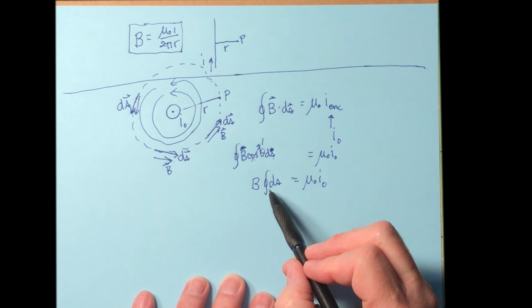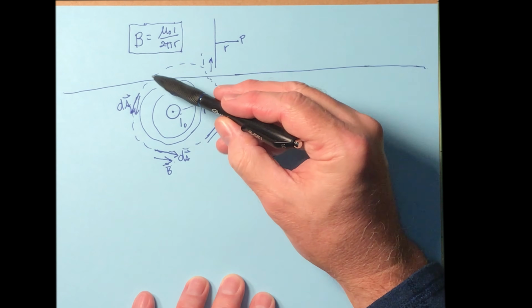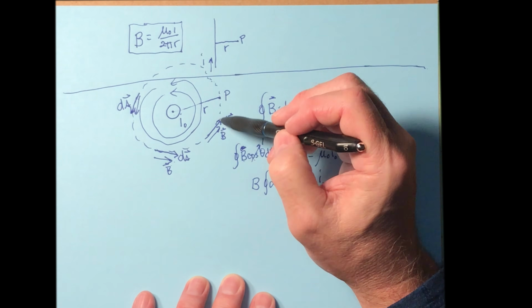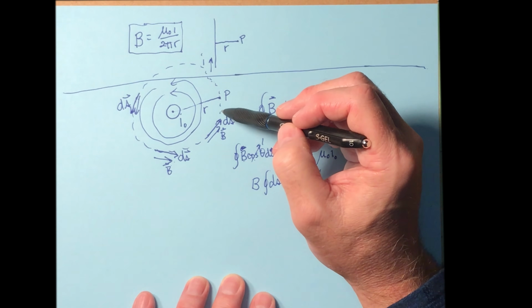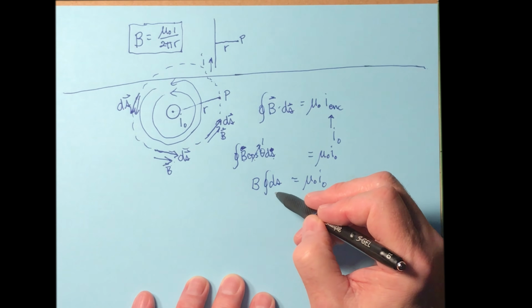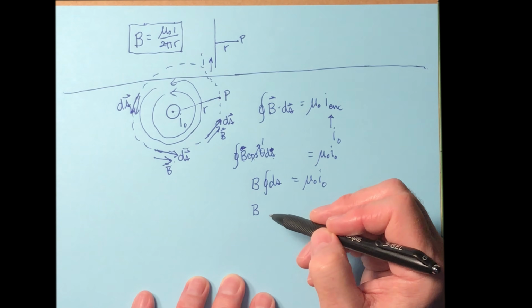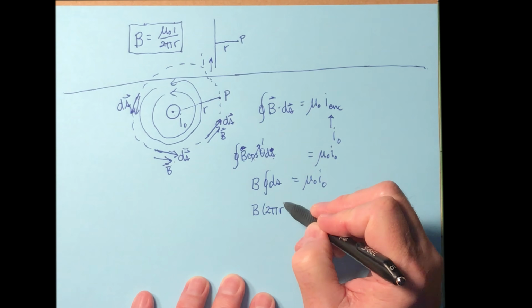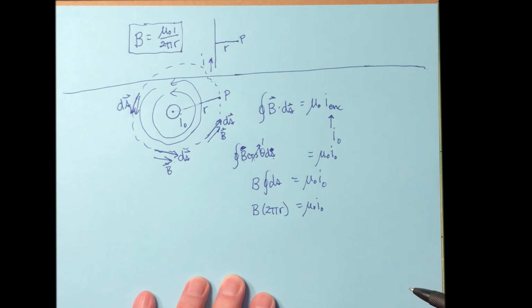Now this closed integral ds, what is that? Well, that is the length of the line that makes up our loop. And in this case, since we've chosen a circle as our Amperian loop, this is just the circumference of our circle. So this is going to be B times 2 pi r is equal to mu naught I naught.